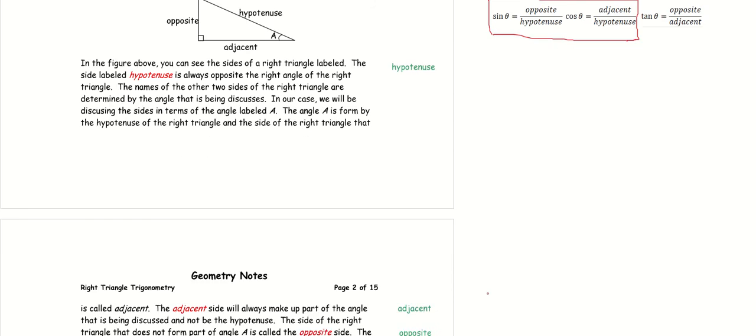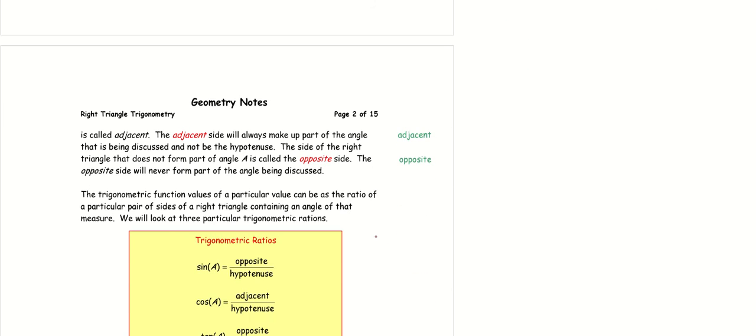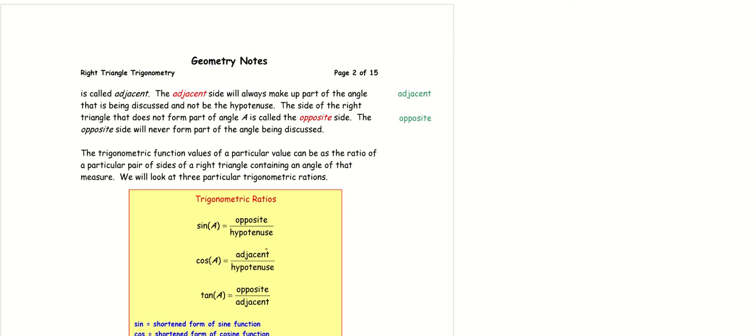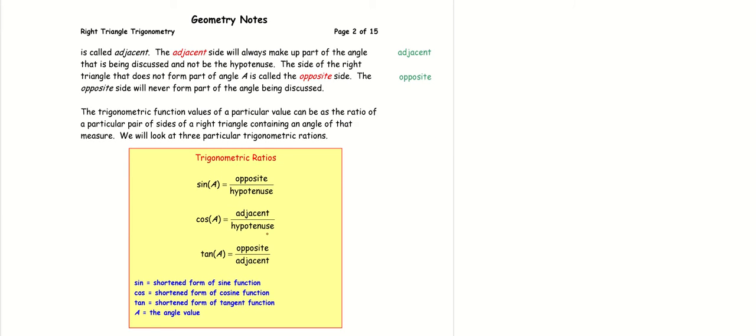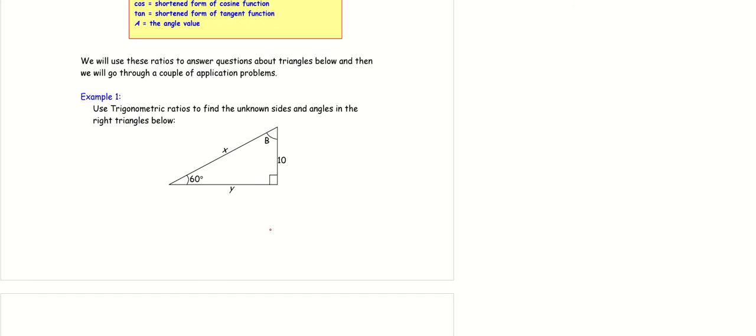Alright, so let's start. What do we mean when we say that we have to solve for the triangle?